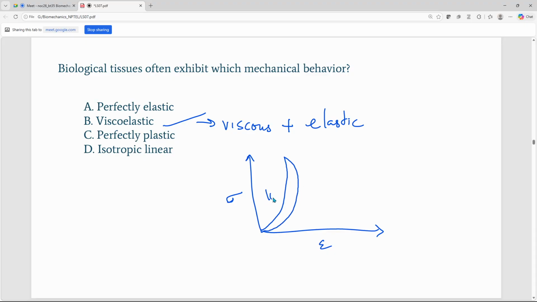It is for loading, this is for unloading. So, something like this will be a curve for viscoelastic materials.